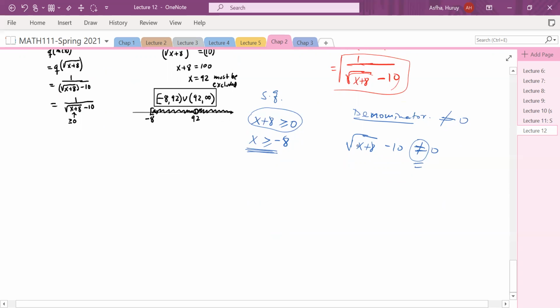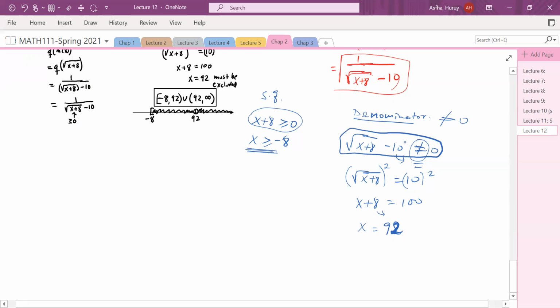Let's find what value of x makes this whole expression equal to 0. So root x plus 8 equals 10. I will move this to the other side, and raising both sides to the power 2, because this is a square root, we get x plus 8 equals 100. Then moving this to the other side, we get x equals 100 minus 8, which is 92.